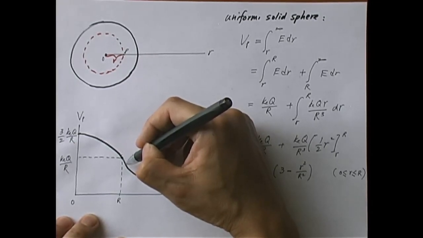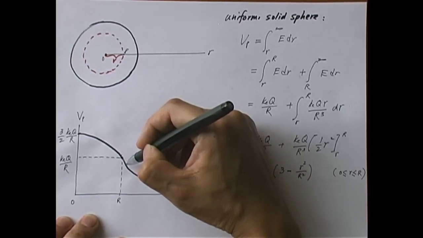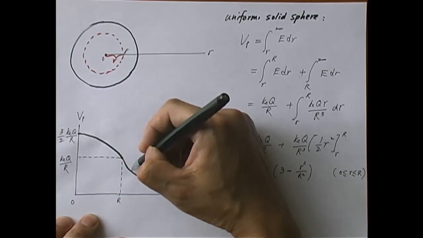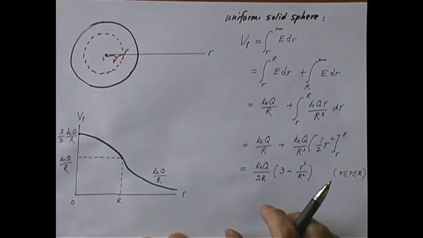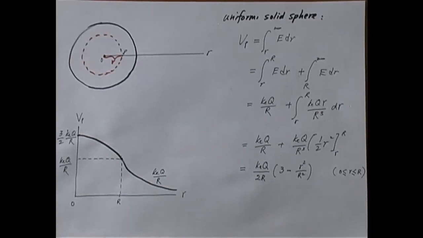That is important because the derivative of V with respect to r gives the electric field. So the electric field is continuous going from here to there, unlike the case of a shell, in which the electric field abruptly changes because you go across a two-dimensional charge distribution.